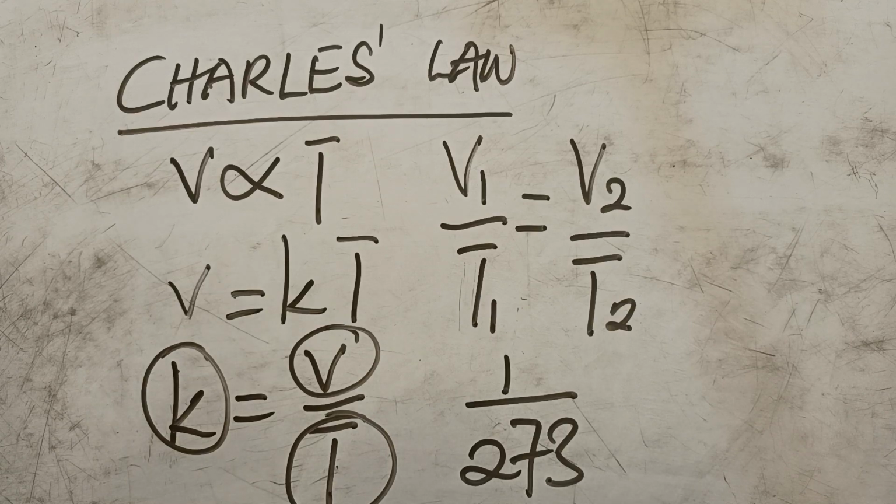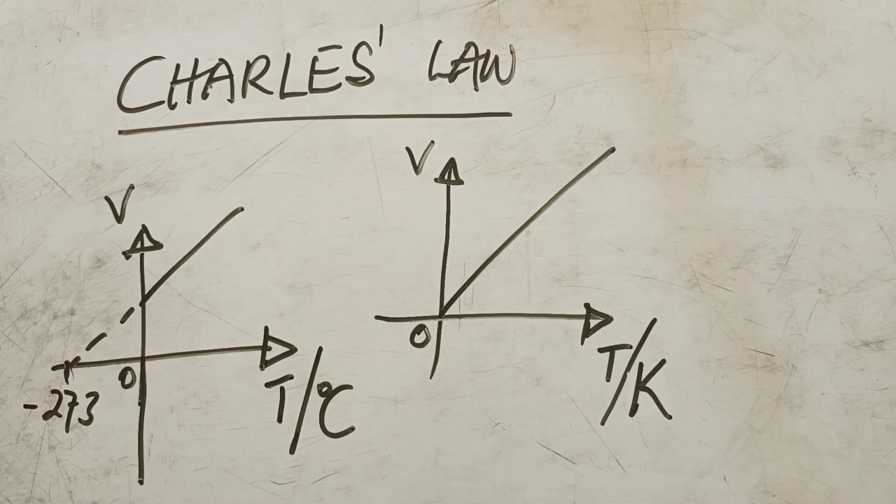Anyway, let's move on. Let's use these graphical demonstrations of Charles's law to explain. With the graph of volume against temperature in degrees Celsius on my left, you would see how the graph extends all the way to negative 273.